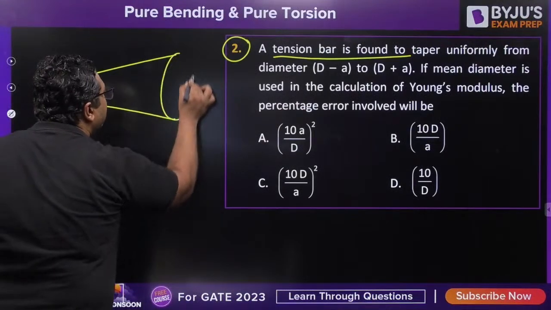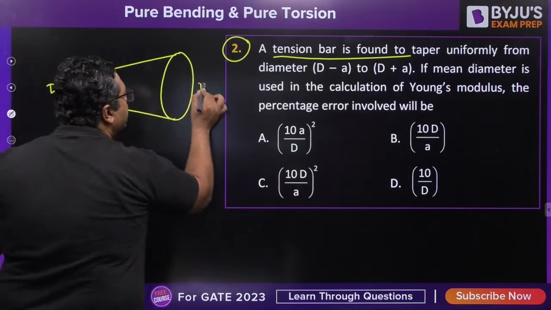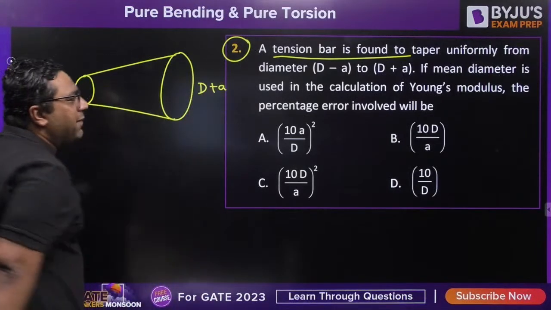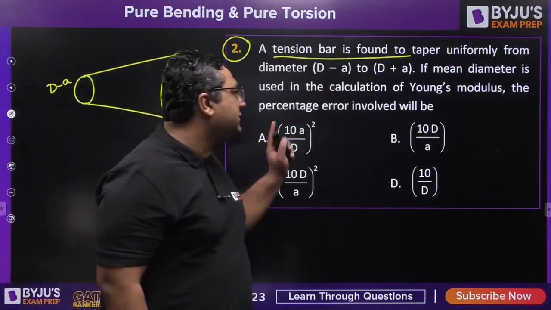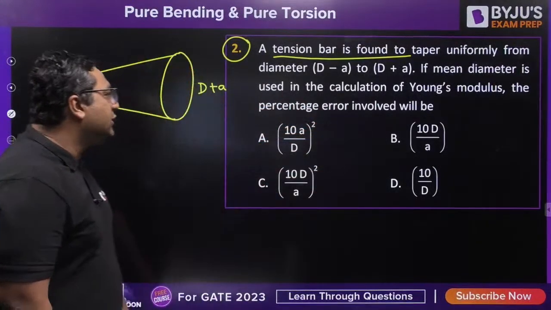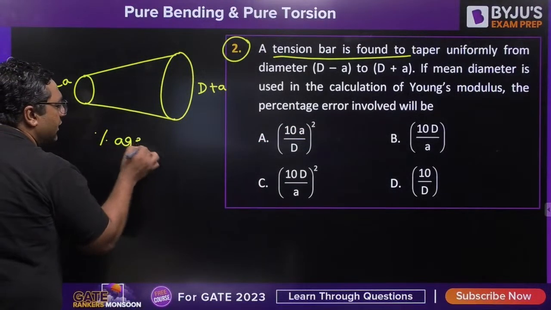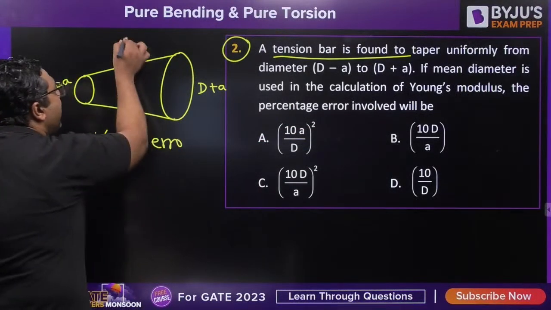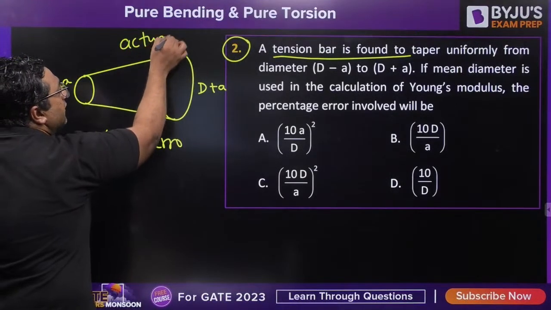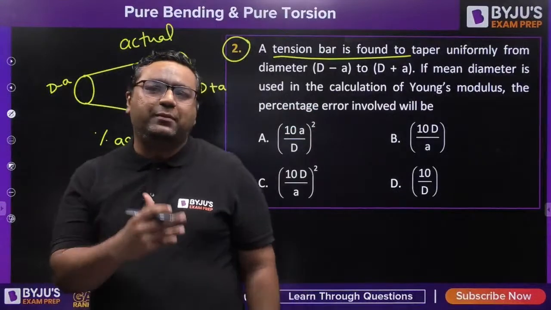Here the diameter is D minus A and here the diameter is D plus A. They are saying, regarding the calculation of Young's modulus, the percentage error involved would be. If the mean diameter is used in the calculation of Young's modulus, what do you mean by that?